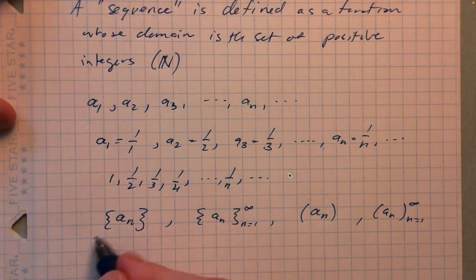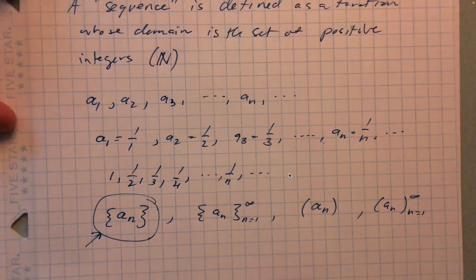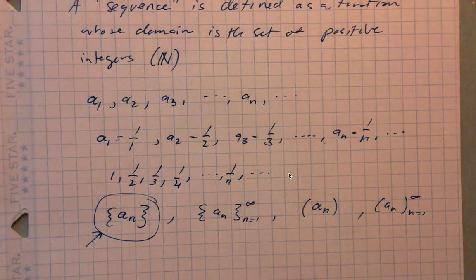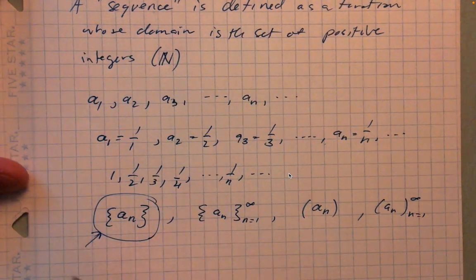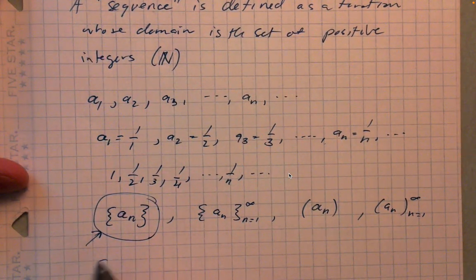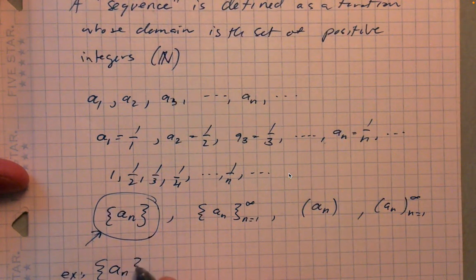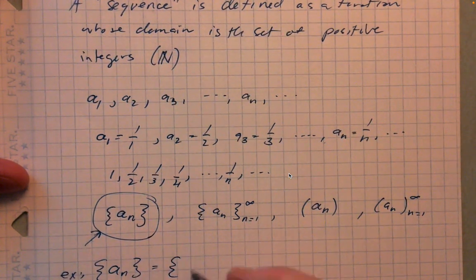We're going to probably tend towards using this notation to denote our sequence. Our previous example could be written like this: a_n, the sequence, is equal to 1 over n.